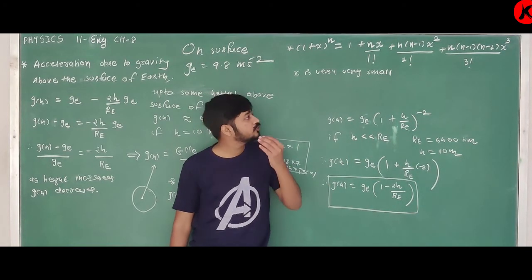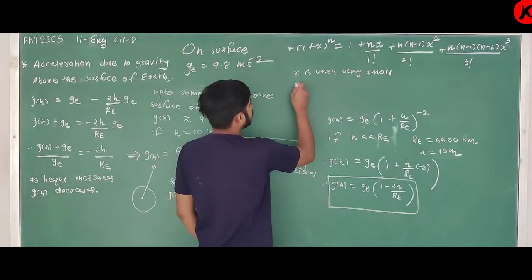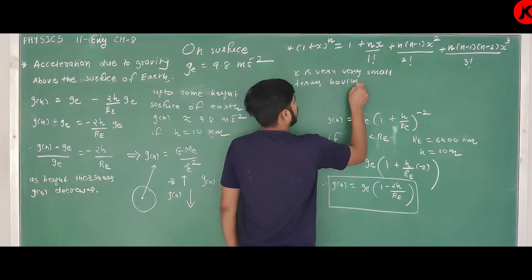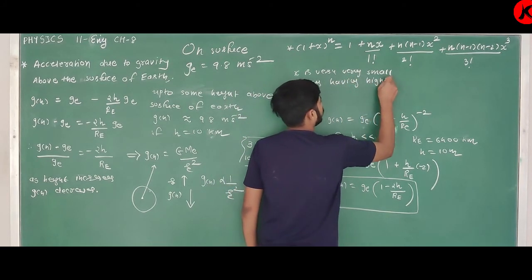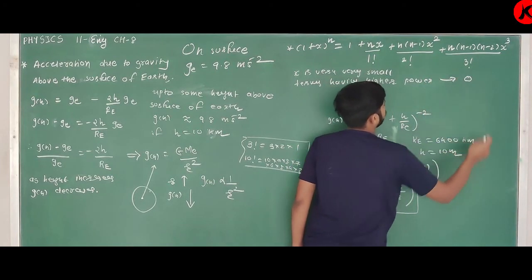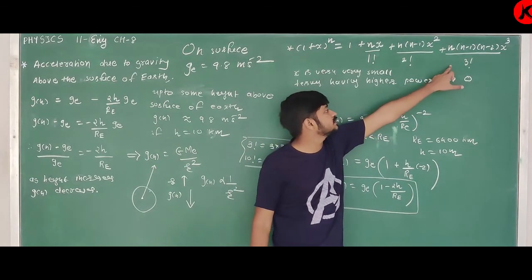If it is cubed, it is again very small. So when x is very small, terms having higher order or higher power tend to 0. This term becomes nearly 0.